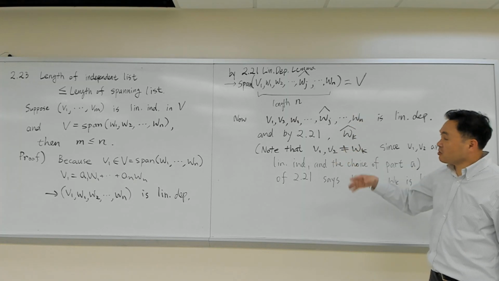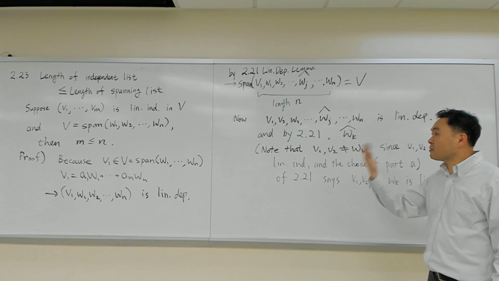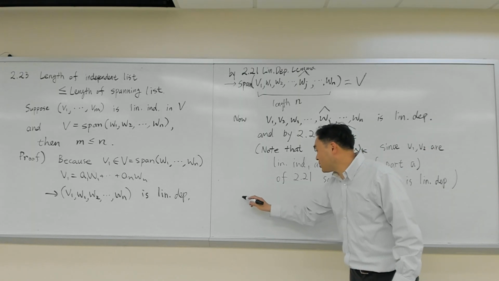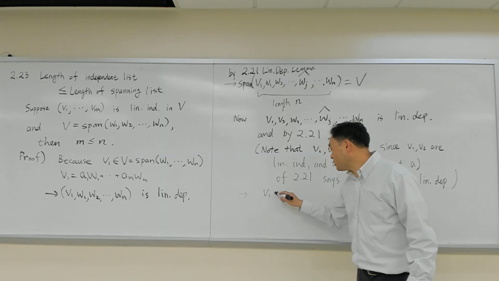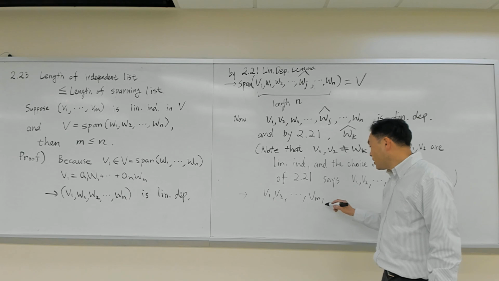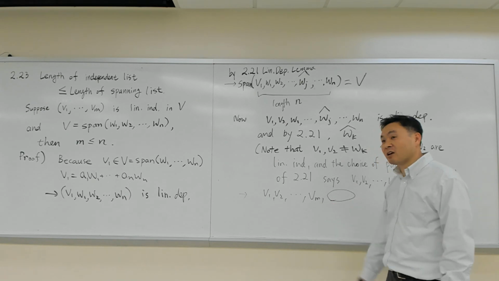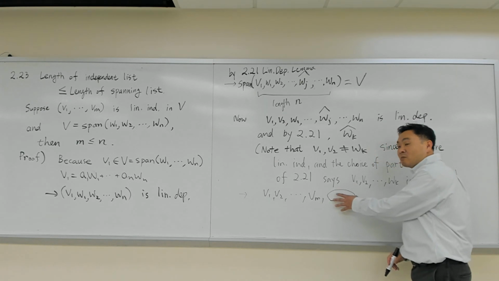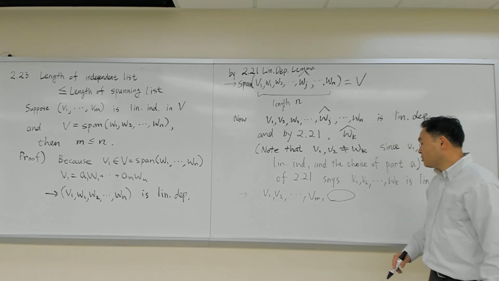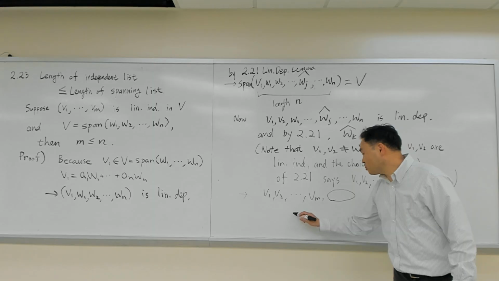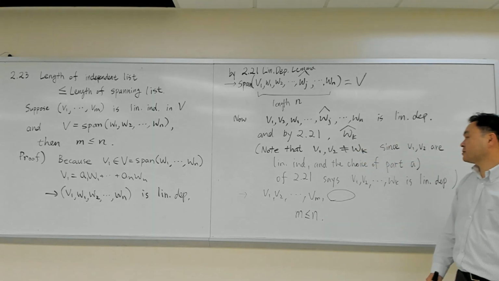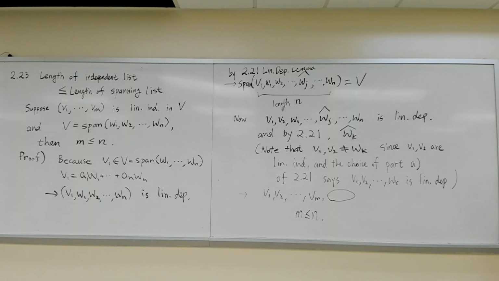Because this logic holds indefinitely until you run out of V's, at the end of the day what you end up with is V1, V2, all the V's attached, and you should still have some W's left out, or maybe there might be none left, but you should be able to do this. So we see that M has to be less than or equal to N.